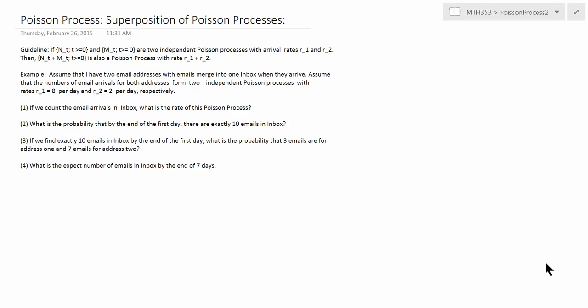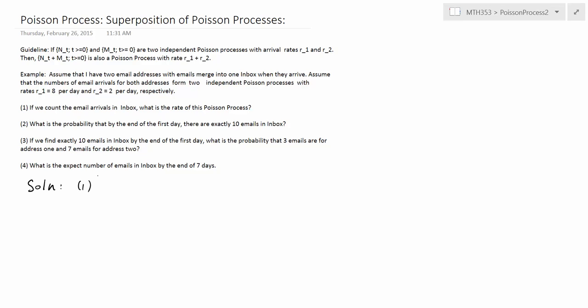Okay. Number one, if we count the email arrivals in the inbox, what is the rate of this Poisson process, this merged inbox? So according to our guideline, the answer to number one is simply the sum.